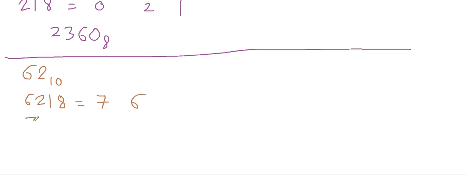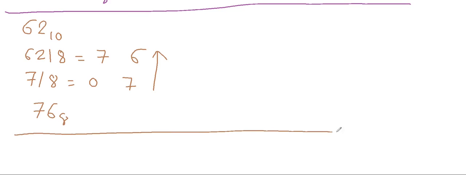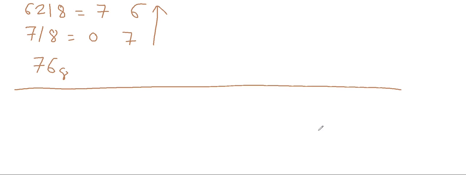And then 7 divided by 8, 8 times 0 is 0, and remainder is 7. So this is the octal representation, 76 base 8, representation of 62 base 10.